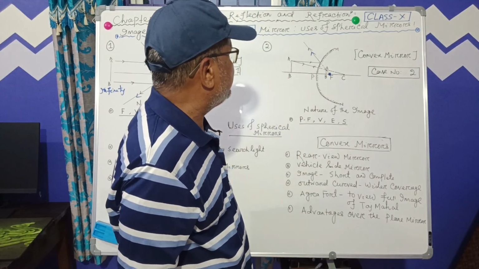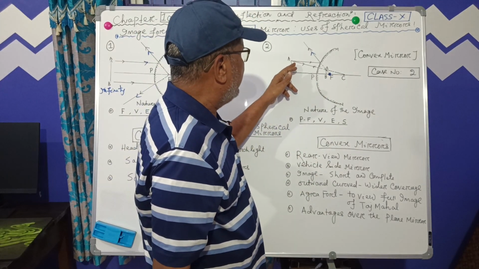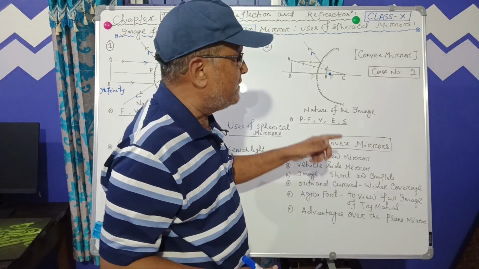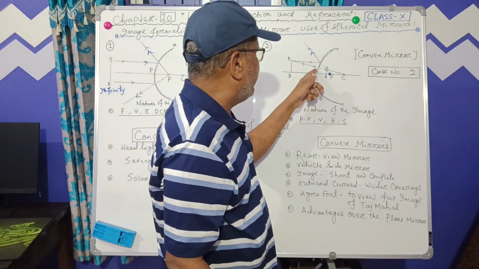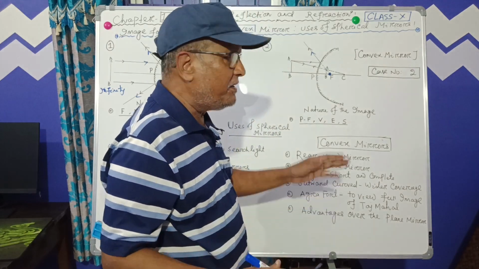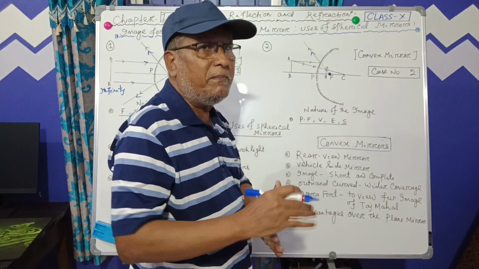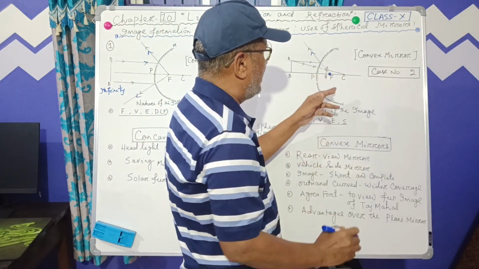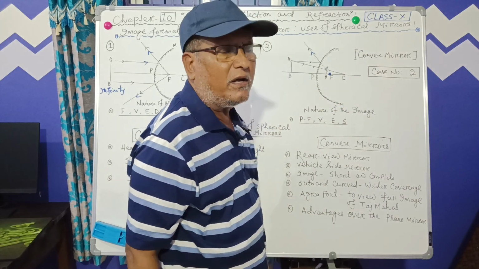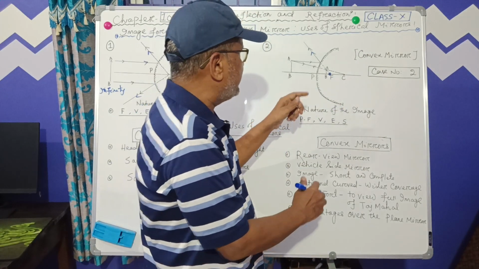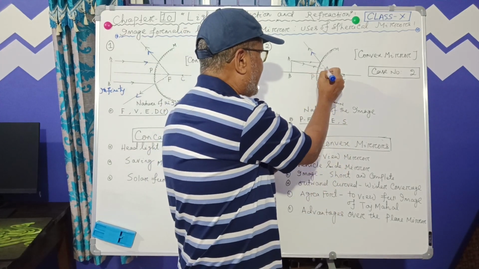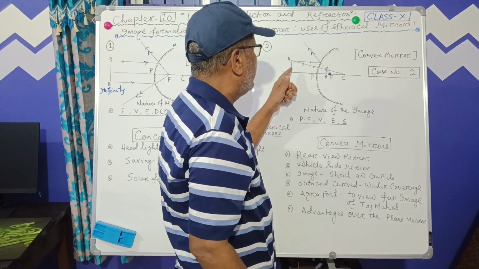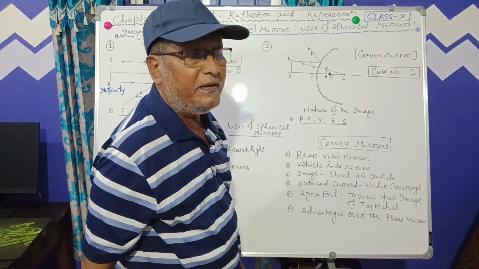And now look at the ray directed towards the center of curvature. It returns after reflection back along the same path, and it appears to have come from the center of curvature. So the intersecting point is A', and the perpendicular A'B' is called the image of AB.